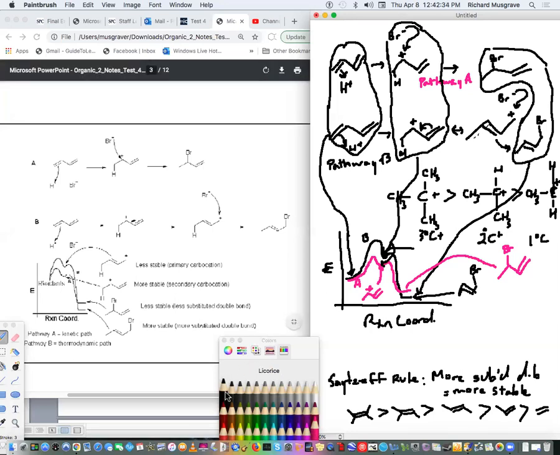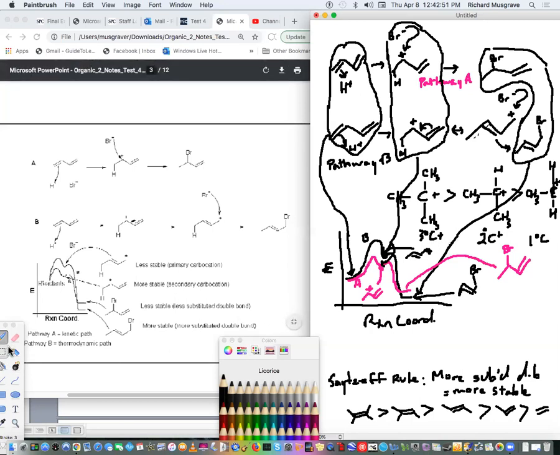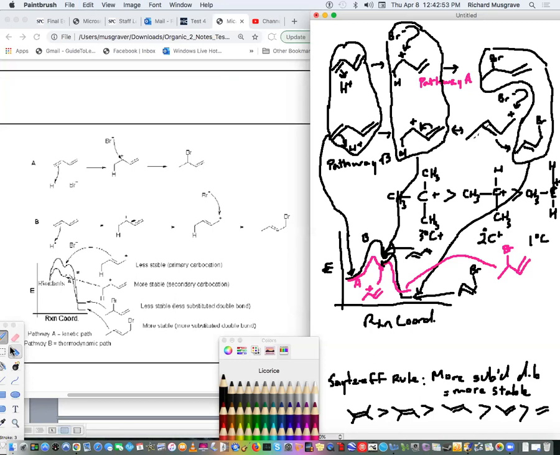And I'll get the black pen. Now we'll do this one. Okay, this is why I had to make the correction. There we go. Now what you can see here, and this is kind of the entire point of all of this, is that if you compare the two carbocations, you'll notice that the pink one is more stable than the black one.